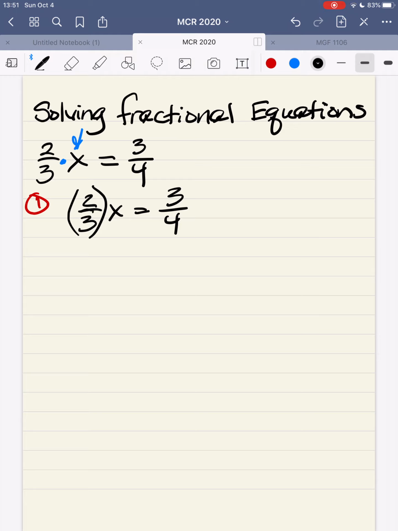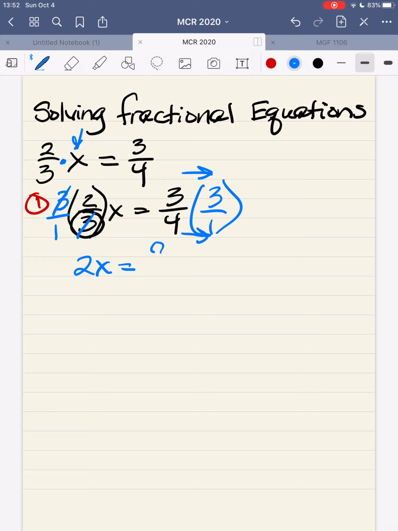So if I want to get rid of the 3, I can multiply both sides by 3 or 3 over 1 to get it to cancel, okay? So if I get the 3 to cancel on this side, I'm just left with 2x. And then I just multiply straight across because nothing's going to simplify on the other side and end up with 9 over 4. It's still a fraction.